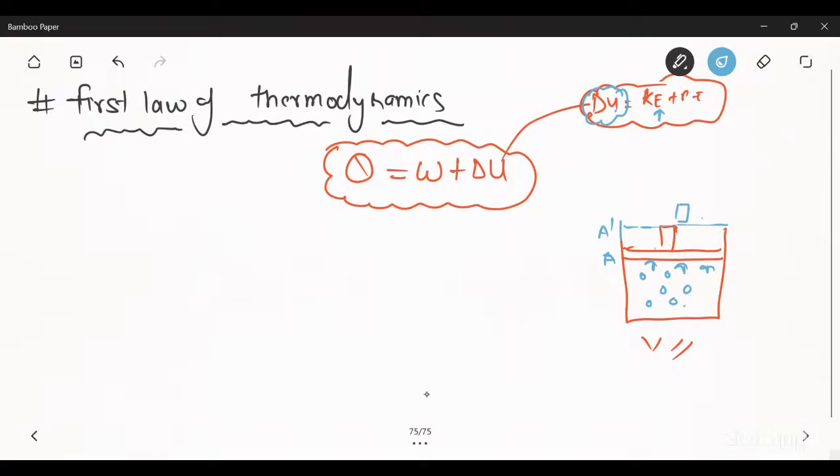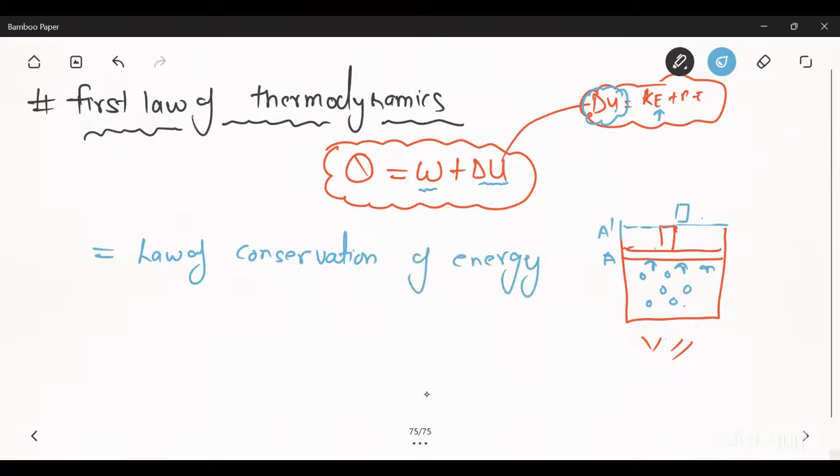So the heat supplied to the system is divided between increasing internal energy and moving the piston upward. So heat supplied to the system is always equal to the internal energy of the system plus work done by the system. It is based on the law of conservation of energy.